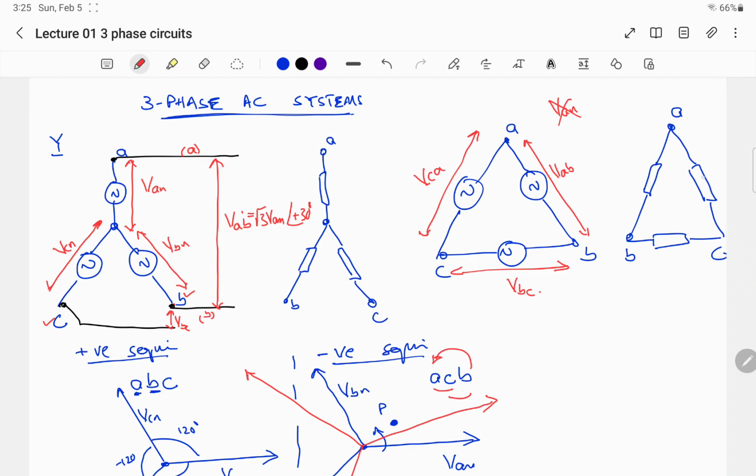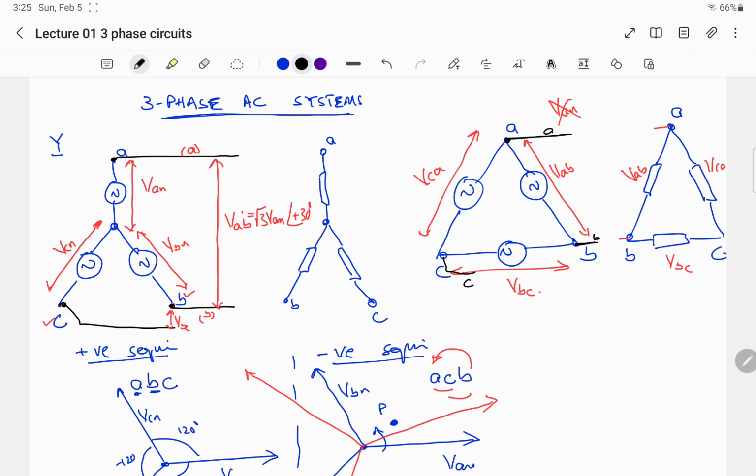When we look at the load side, this is the voltage VAB, and this is VBC, and this is VCA. The important thing to note in this case is, if we consider this is line A, this is line B, and this is line C, the voltage between the lines, VAB, is also the same as the phase voltage.